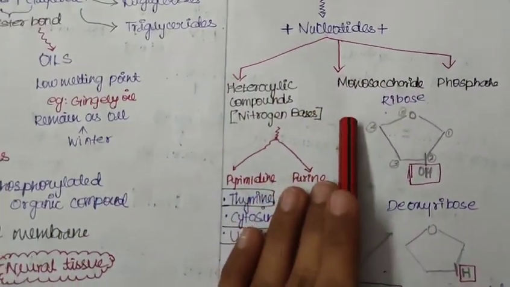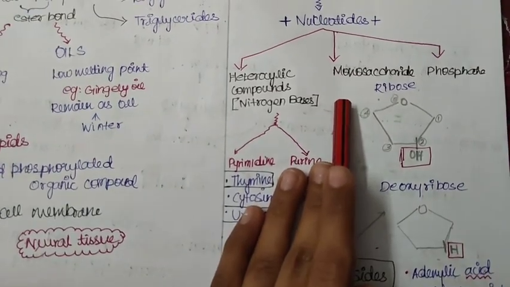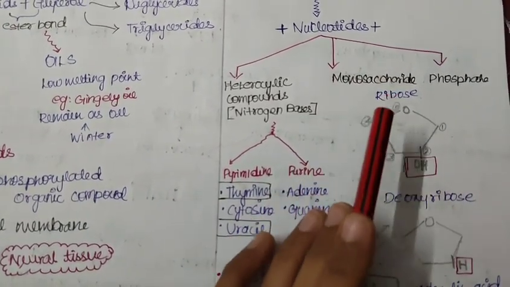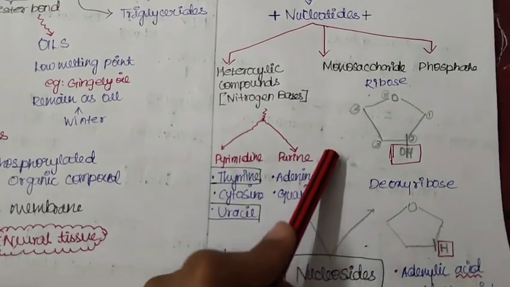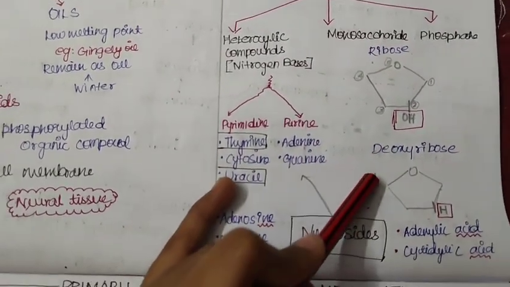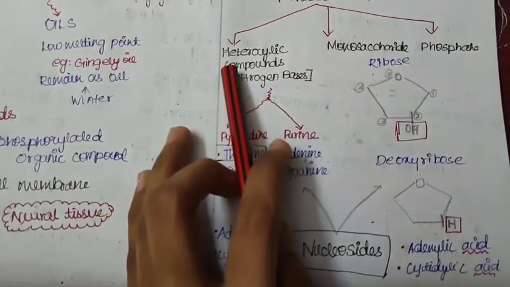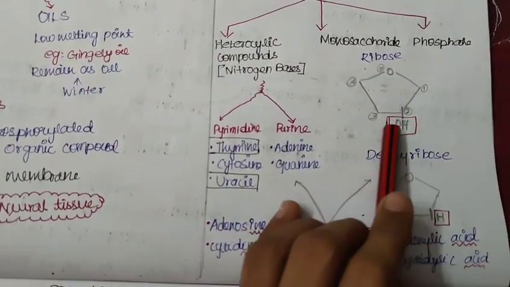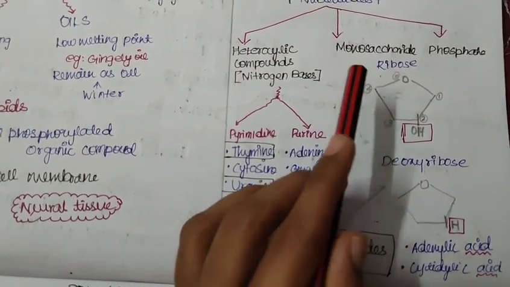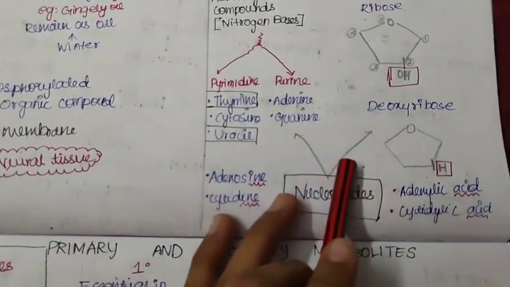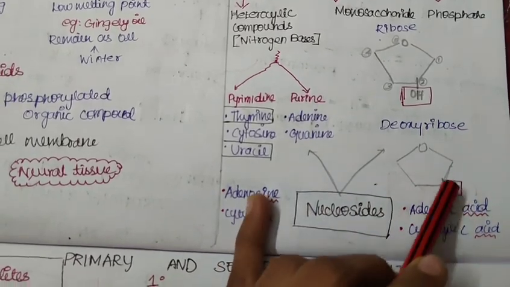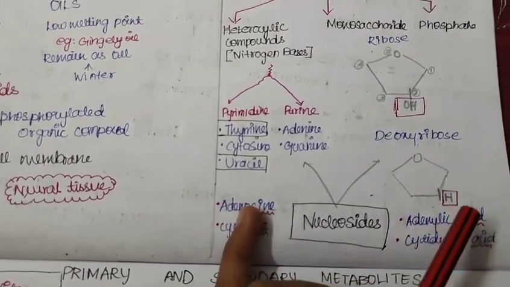Now we will talk about the monosaccharide. In case of RNA, we will be having the monosaccharide as ribose. This is the structure of ribose. In case of DNA, we will have deoxyribose, right? So what is deoxyribose? If you see in the second place, we have OH here in case of ribose, which is for RNA. But in case of DNA, the deoxyribose won't be having O, that is oxygen.